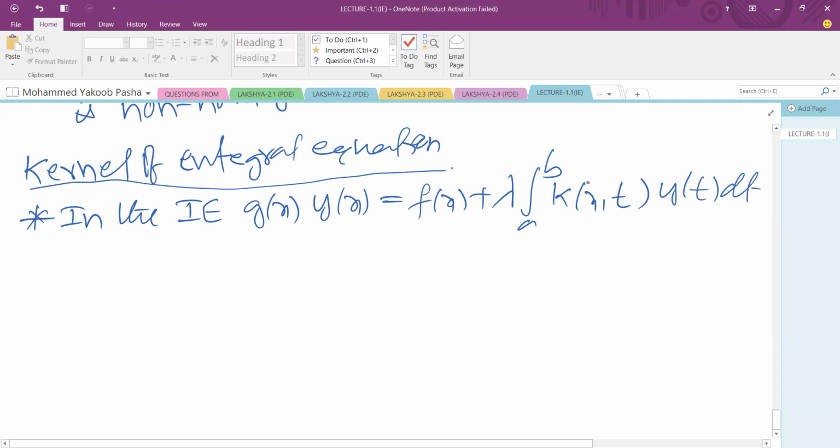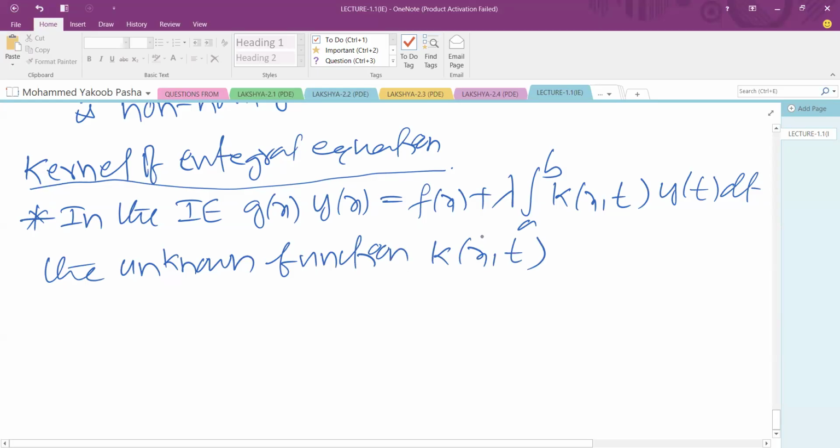This is the general form of the integral equation. The unknown function k of x comma t is called the kernel of the integral equation.